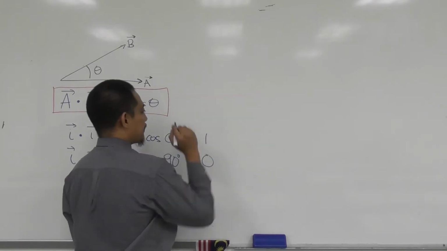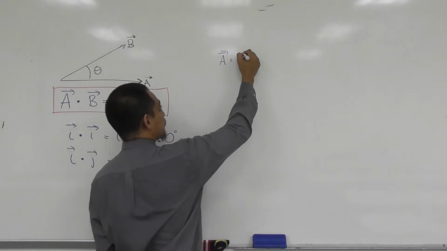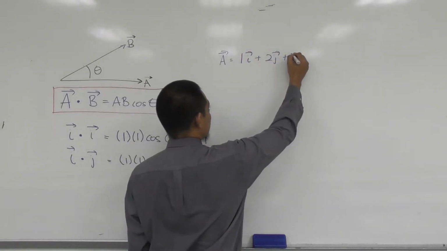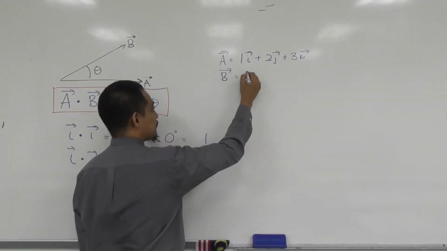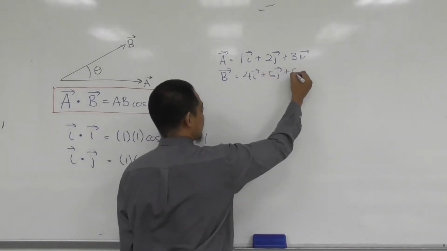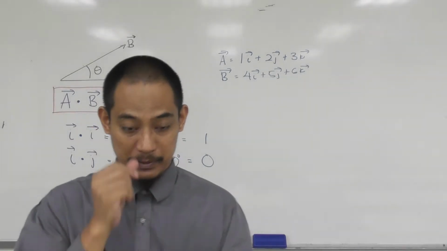Okay, let's give you an example. Vector A is 1i plus 2j plus 3k, right? And vector B is 4i plus 5j plus 6k, right? Let's take that as an example.